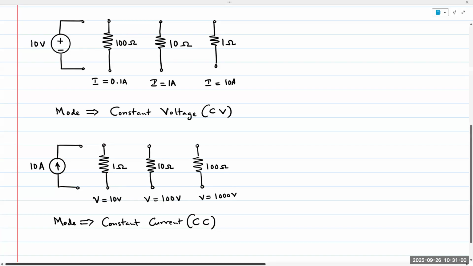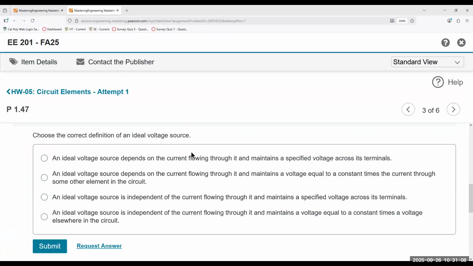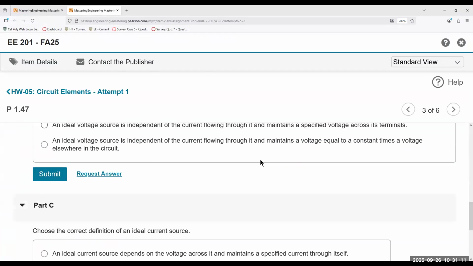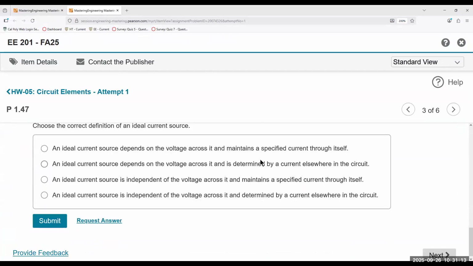All right, so let's get back to the questions. Circuit elements. So correct definition of an ideal voltage source. Hopefully you'll be able to answer that now. And the same thing with the correct definition of an ideal current source. Okay.